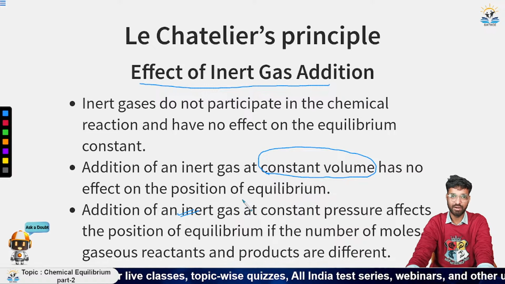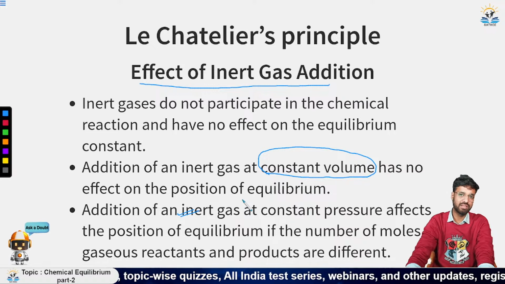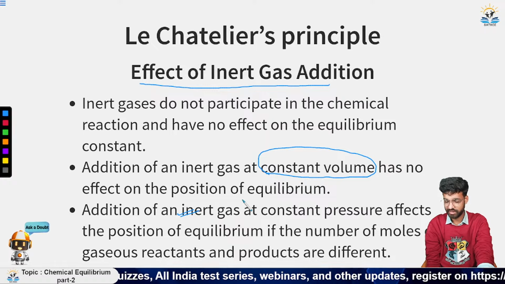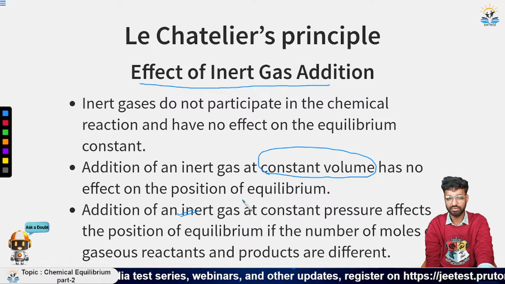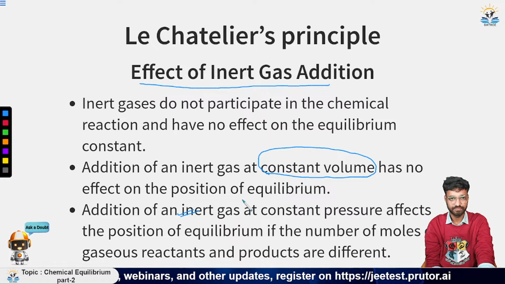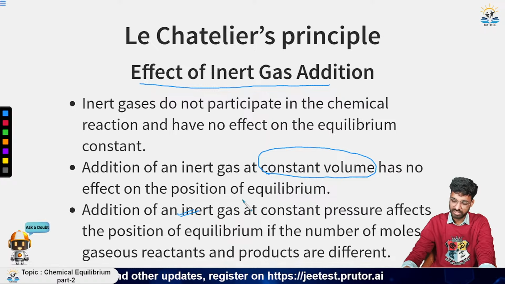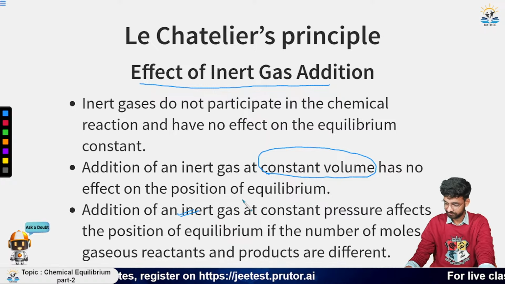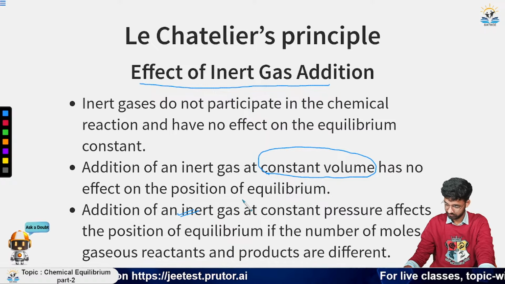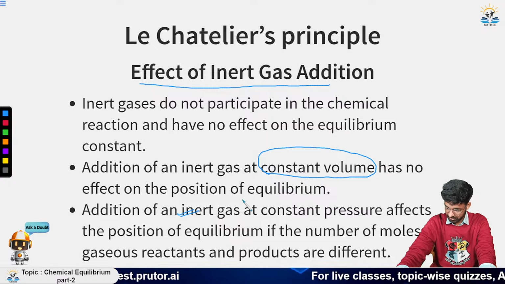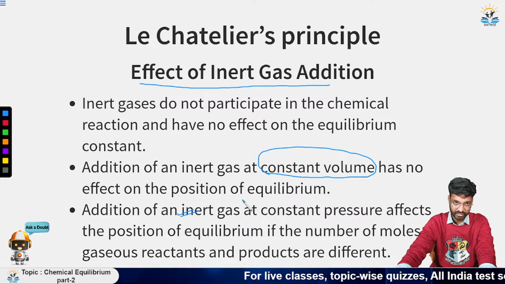So keep it in your mind always. If we add something like a noble gas to this reaction at constant volume, you will not see an effect of this addition. Okay.